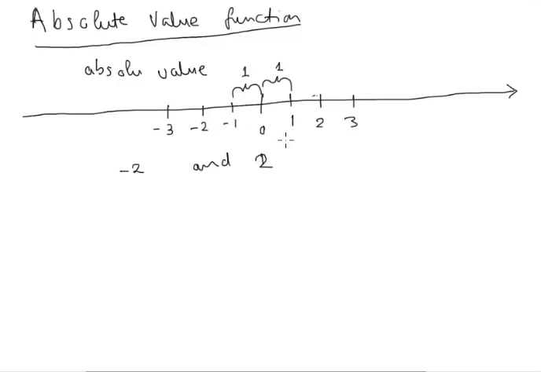So what does it mean? It means that the number of units between 0 and minus 2, and the number of units between 0 and 2, will be the same. How many units will be there? Will be 2. In simple words, that's what we call the absolute value of 2.